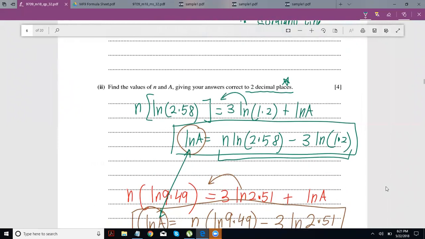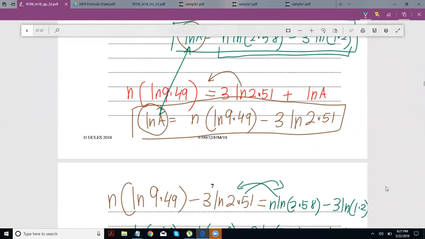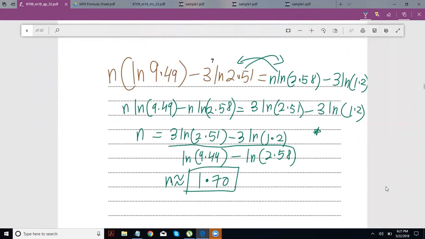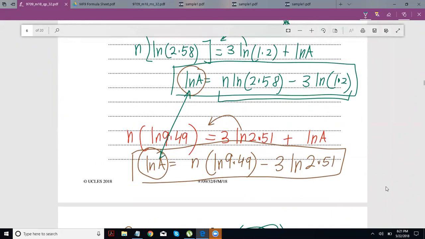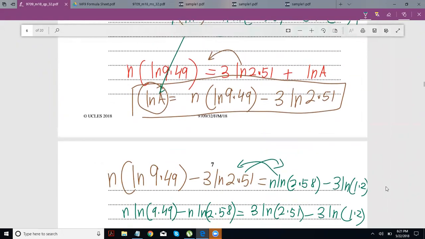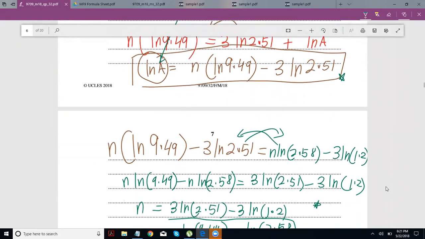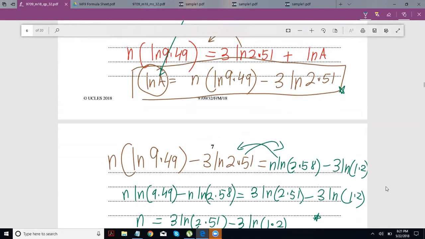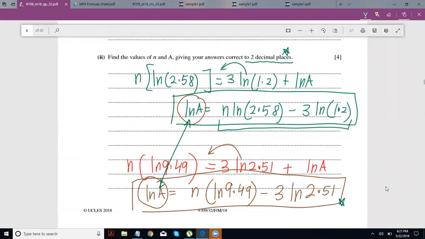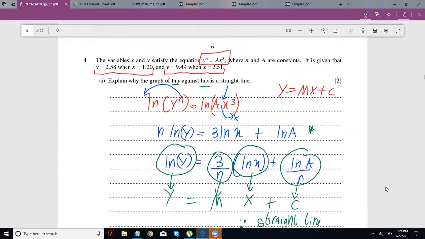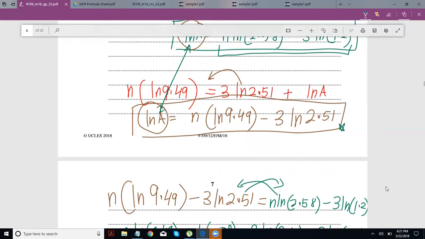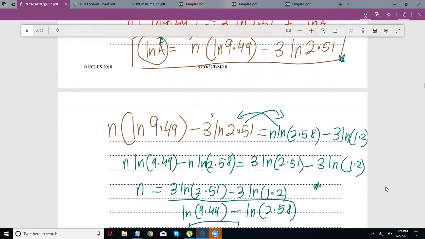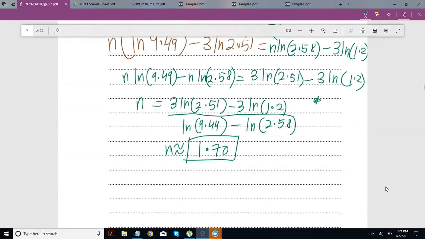However, I would strongly recommend that you keep that value of n inside your calculator, so that the value of a is also accurate, and then you choose whichever equation you like the most. So you just choose this, for example, and you just pop the value of n in here.